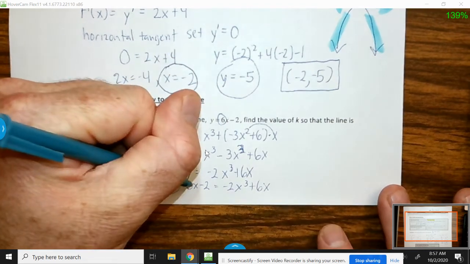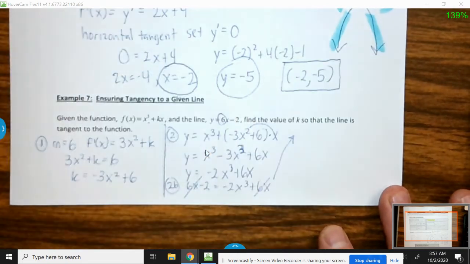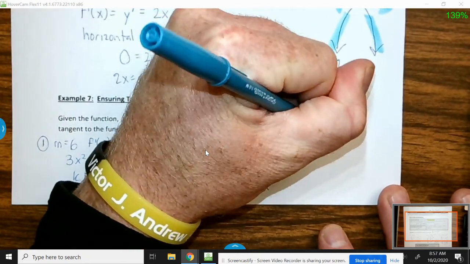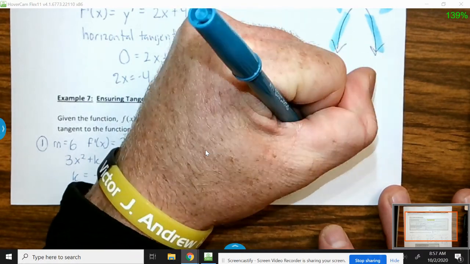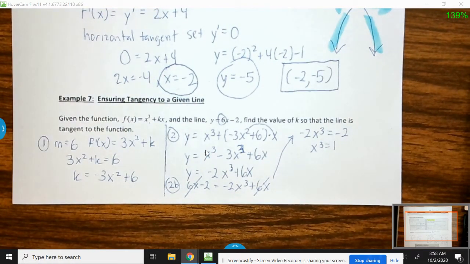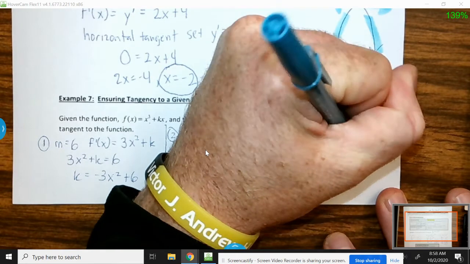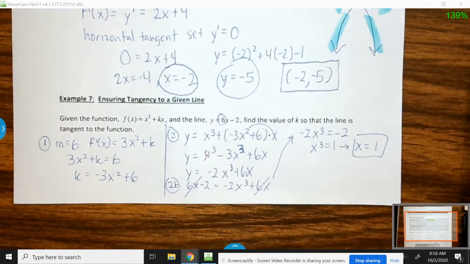The nice thing about this one is, when I do that, I end up getting negative 2x cubed equal to negative 2, or x cubed equals 1. X cubed equals 1 means that x has to equal 1.